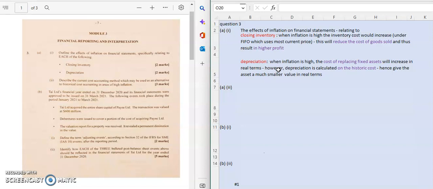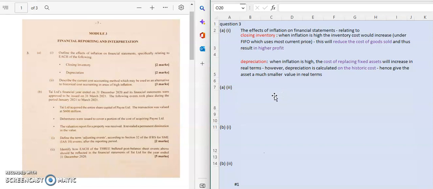All right, so there's going to be a discrepancy between the book value and the real replacement cost of those assets should we have to replace them. All right, so that was part A, part one.